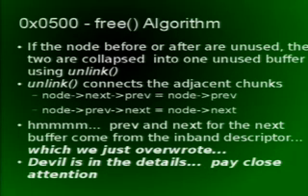But then unlink, or it checks to see, hey, is this previous buffer in use? And it looks at what? It looks at that first 4 bytes. What's that? Exactly. It looks at that first 4 bytes just before your buffer.